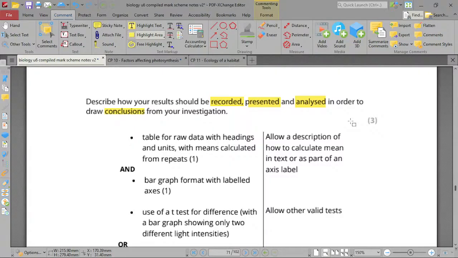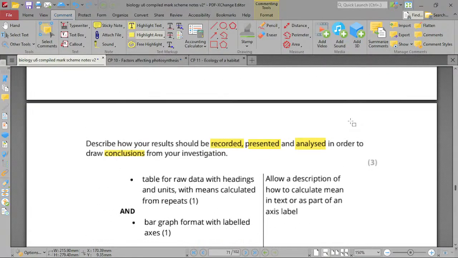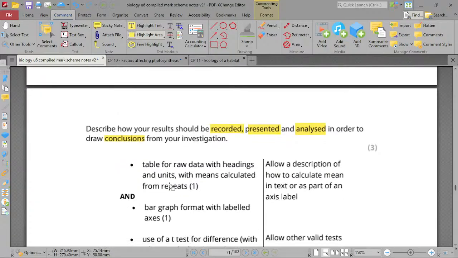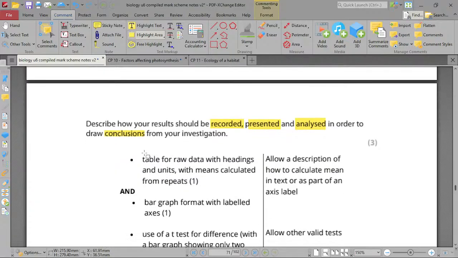Okay, so it's pretty simple. 3-marker question. You take raw data with headings and units. So first you have a table for your raw data, and they're asking you to place in headings and units with means calculated from repeats.